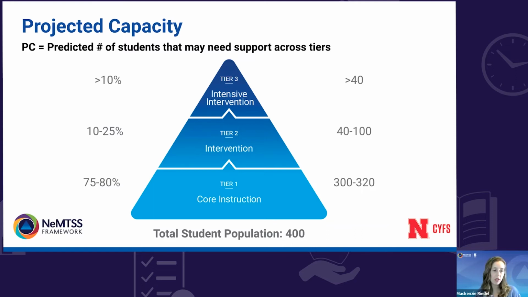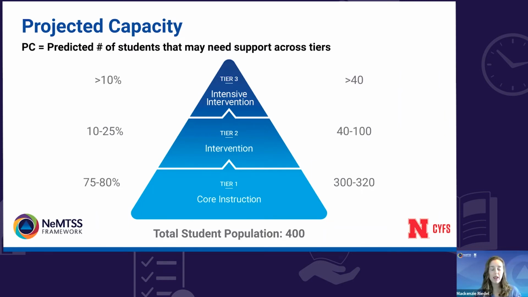And so you'll see on the image here, we have an example of what it might look like. Our example is a school of 400 students, and then how many students would be in each tier. The percentages are based off of our framework workshops.